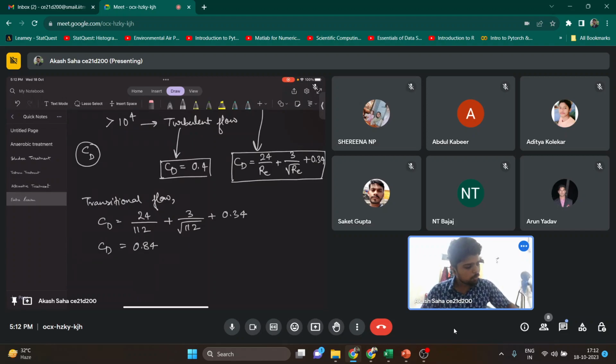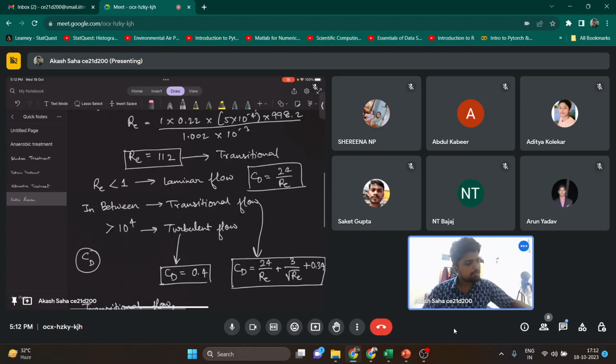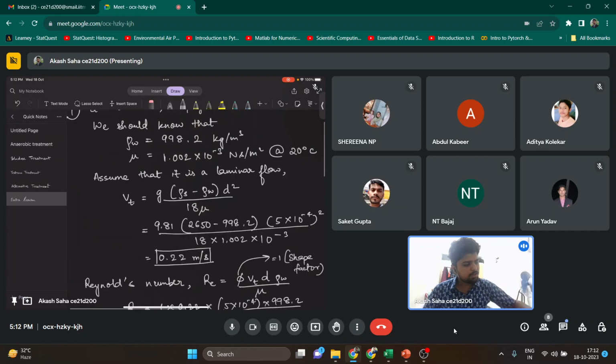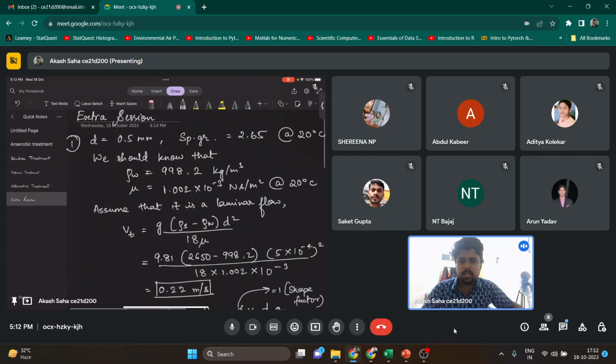So now, once I have found the CD value, again I have to calculate the settling velocity, right? So now it's a general case. Earlier in the question, we didn't know the CD value, right? So we assumed it to be laminar flow.